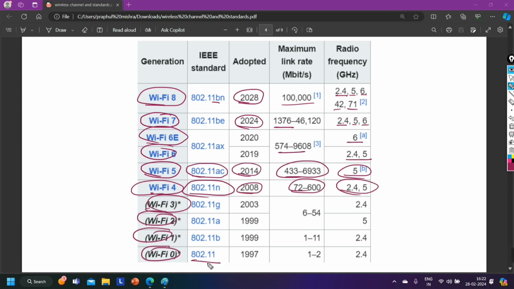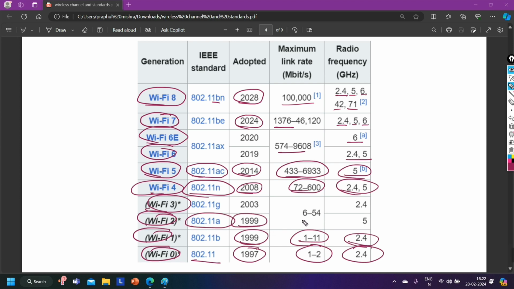So this 802.11 is known as Wi-Fi 0. Nowadays we are not using it. Launched in 1997. Fine. Speed is this one, 2 megabits per second, and then operates on 2.4 gigahertz. 11b launched in 1999, and speed is this one, operates on 2.4 gigahertz.